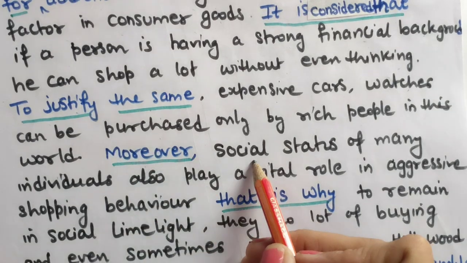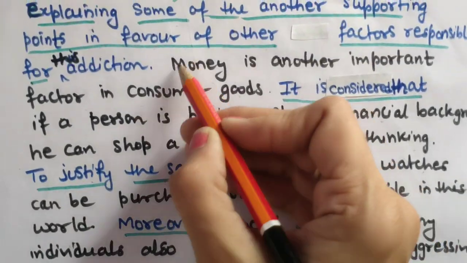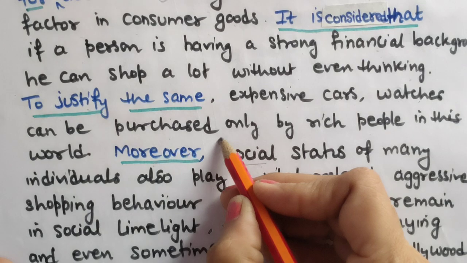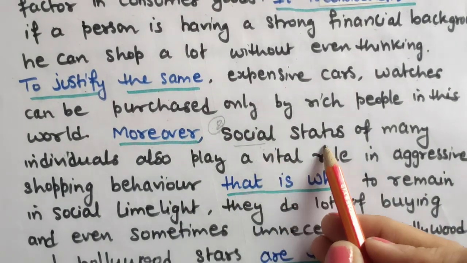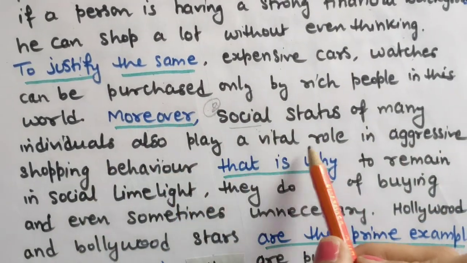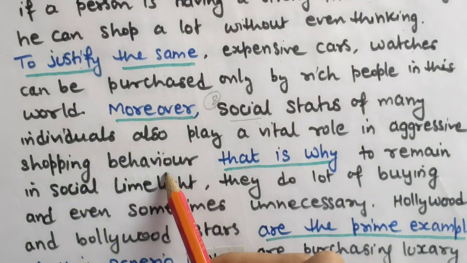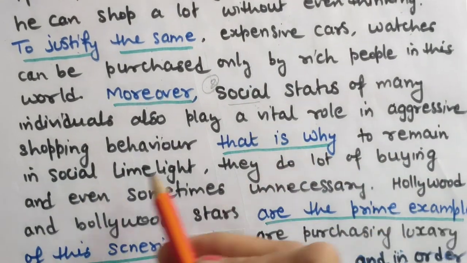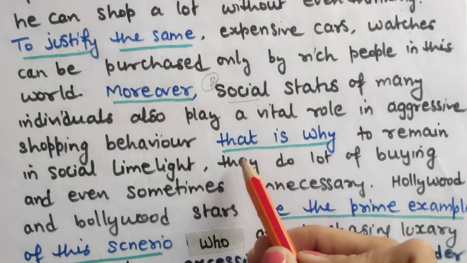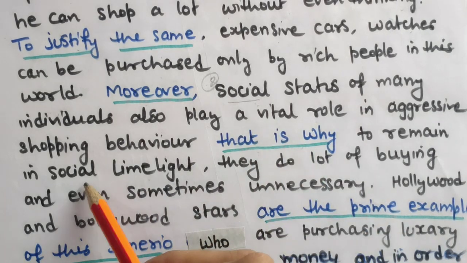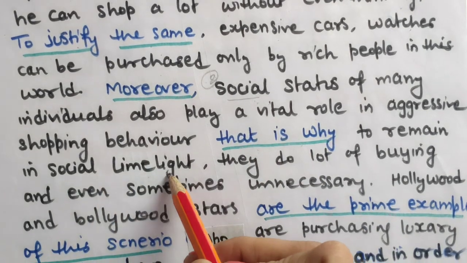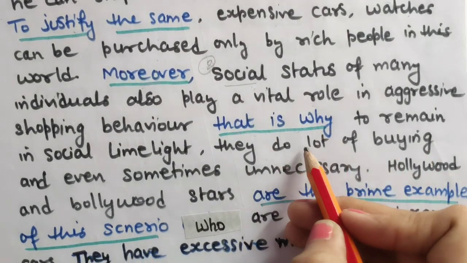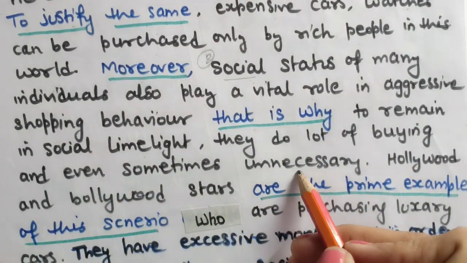Moreover, social status, now the second point. Social status of many individuals also plays a vital role in aggressive shopping behavior. That is why, to remain in the social limelight, they do a lot of buying, and even sometimes unnecessary.